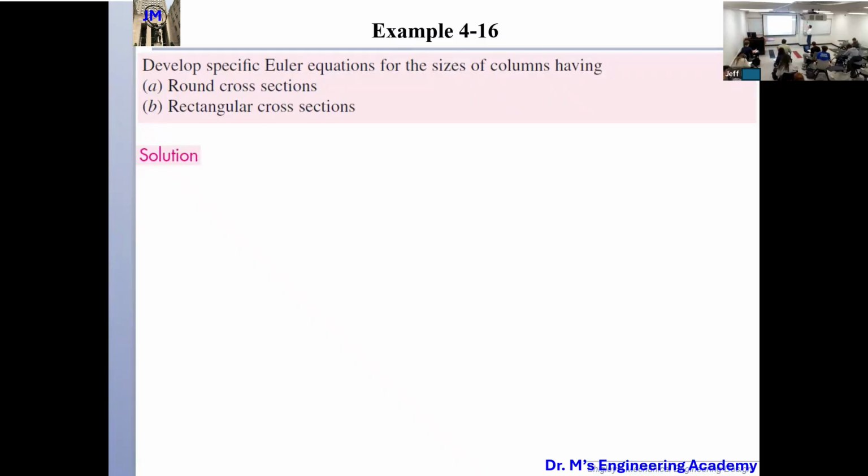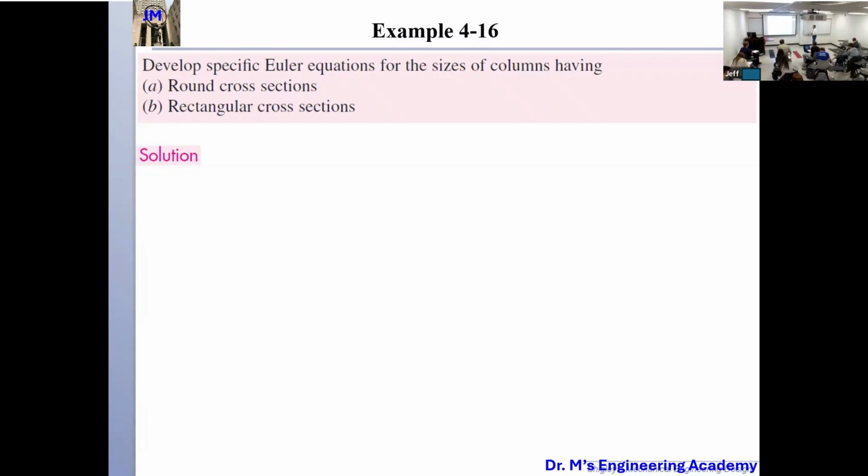For this round cross section, for the A, for the round, suppose we have the diameter D. Then we can calculate this A as pi D squared over 4.